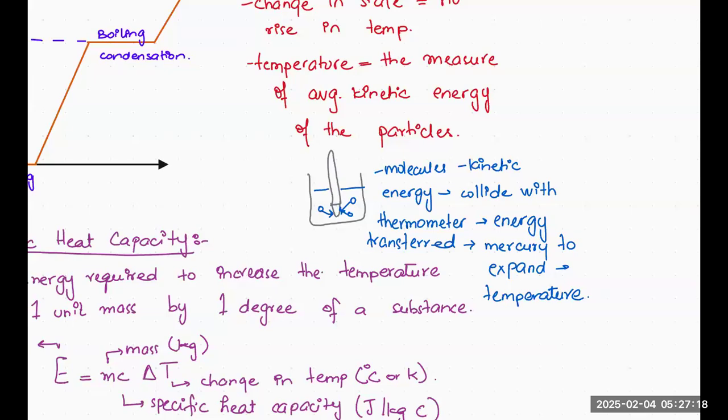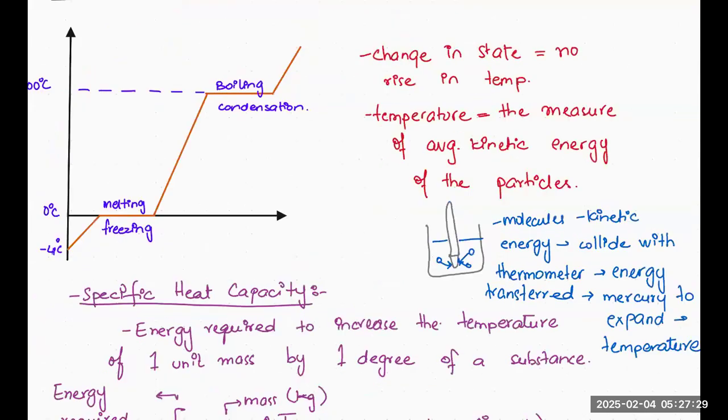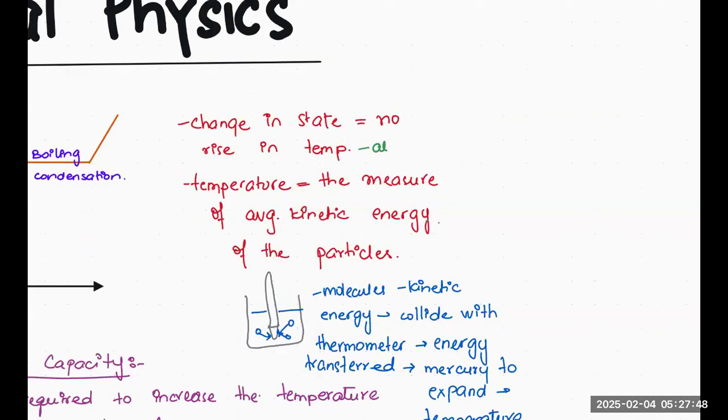Now, let's go back to our graph. In your graph, you will notice that whenever there is a change in state, there is no rise in temperature. Why is there no rise in temperature? Because all the heat energy is used in overcoming the bonds or forces of attraction between the particles.